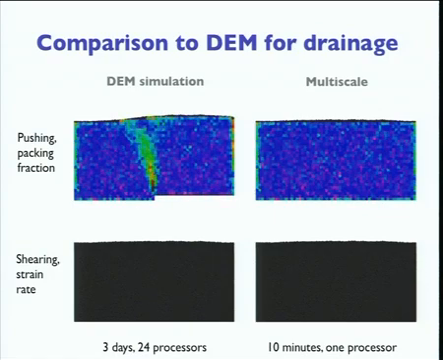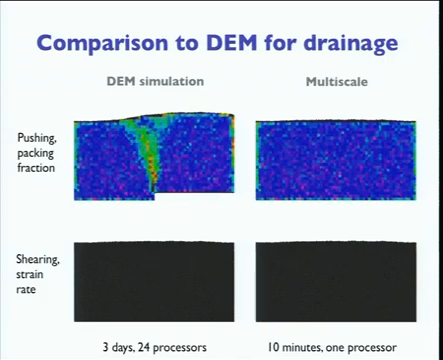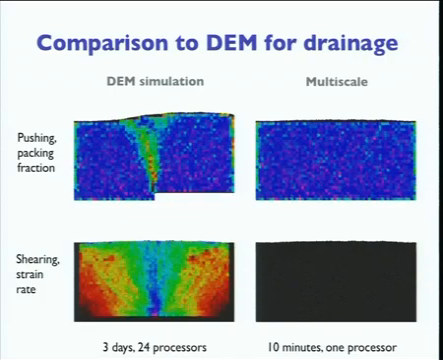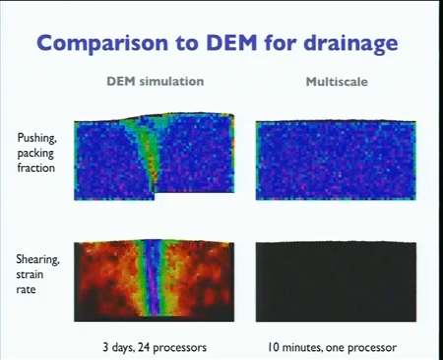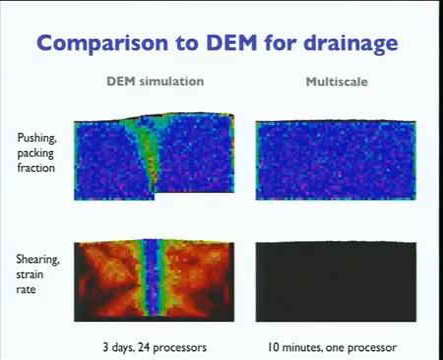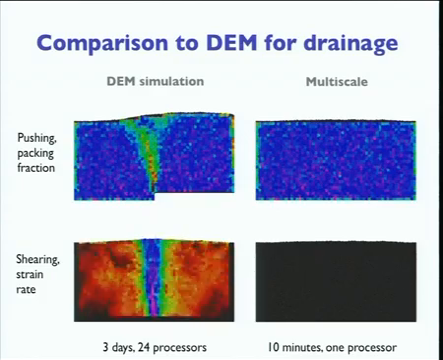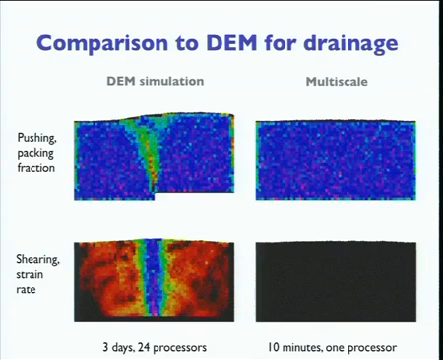On the left here, I'm showing two discrete element simulations. This is one that I showed before, the packing fraction in this pushing simulation. And in the bottom corner, I'm showing the shearing simulation, where the walls are shearing into and out of the display.